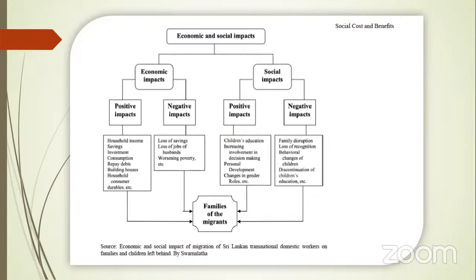Negative is loss of savings, loss of jobs. Similarly, social: children's education increases, family. When you compute it in totality, then we can understand whether it goes towards the positivity or the negativity. So one has to compute all these things before coming to a conclusion.